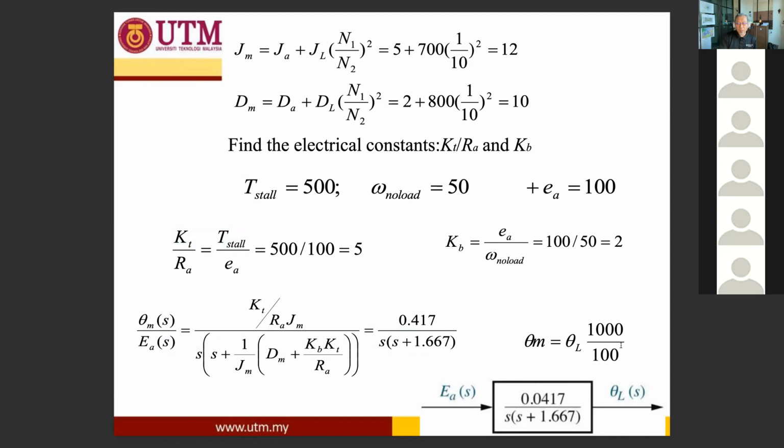So replace theta M with theta L, and you will get 0.0417 over S plus 1.667. This is the transfer function. Very straightforward. Okay.